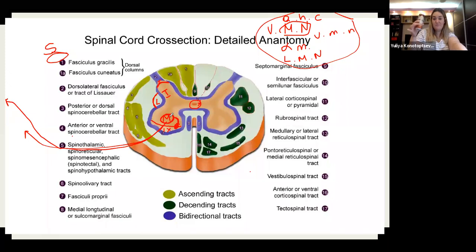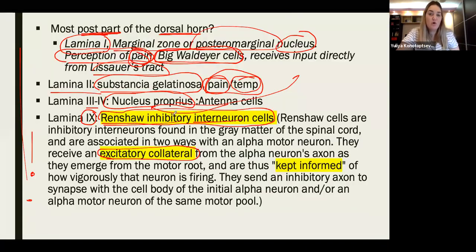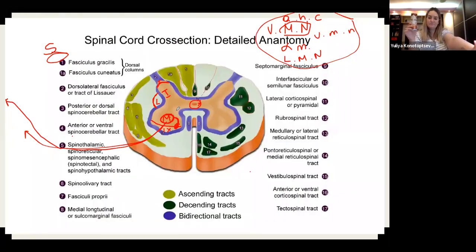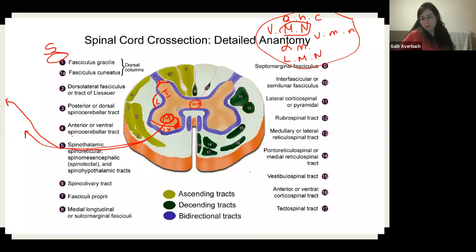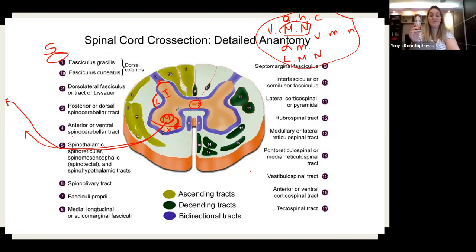Why do we call it Renshaw inhibitory interneuron? What do you think? It can inhibit the synapses. Yes, the Renshaw inhibitory interneuron has a very important job. It has a certain threshold. If alpha motor neuron starts firing too many action potentials towards the skeletal muscle, that means that Renshaw is becoming activated.